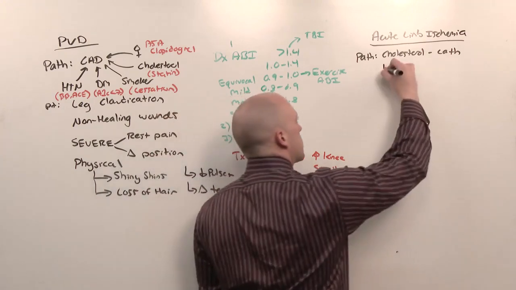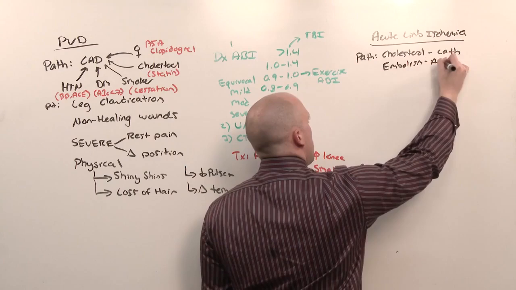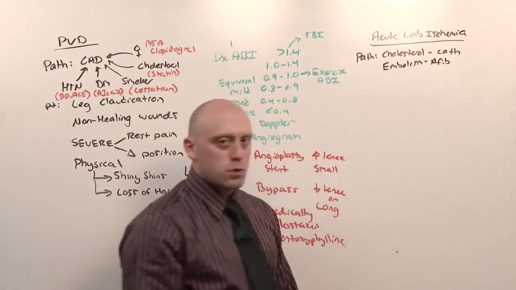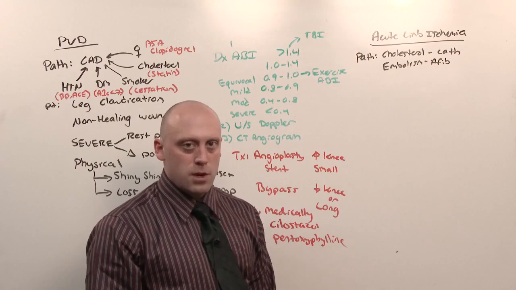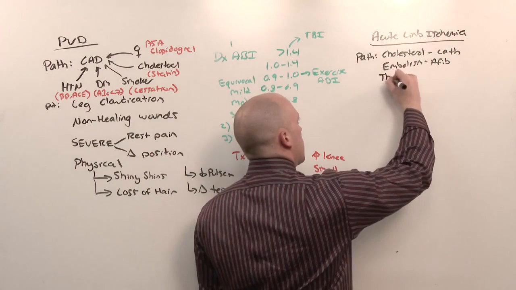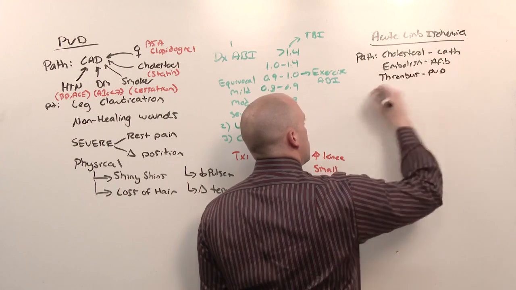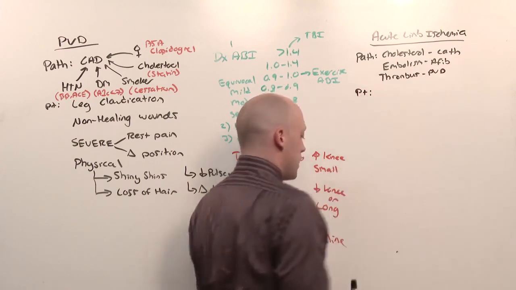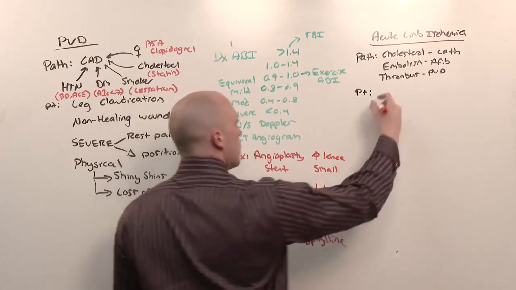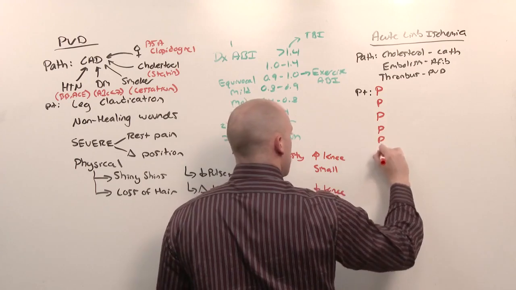You can get a clot embolize as an AFib, but usually we associate that with a stroke or more rarely with mesenteric ischemia. What's more likely is that they had a heart attack, that is, they had a thrombus form on top of peripheral vascular disease. And remember, no time to develop collaterals, no perfusion at all, you get the 6 Ps.